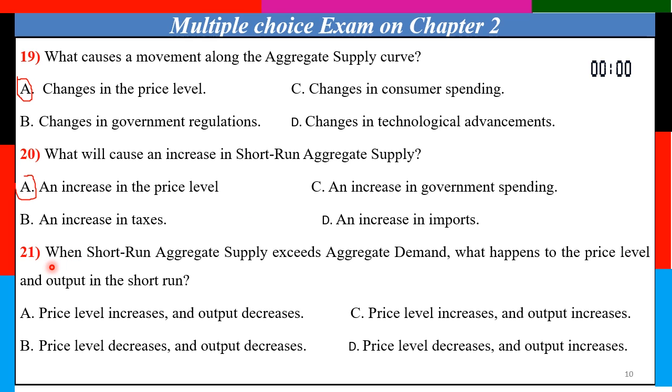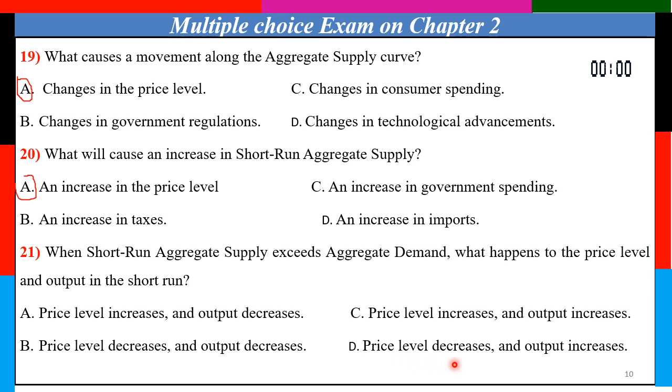Question number 21. When short-run aggregate supply exceeds aggregate demand, what happens to the price level and the output in the short run? A. Price level increase and output decrease. B. Price level decrease and output decrease. C. Price level increase and output increase.